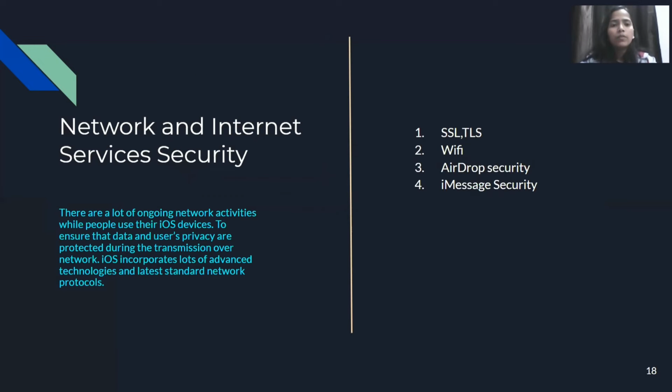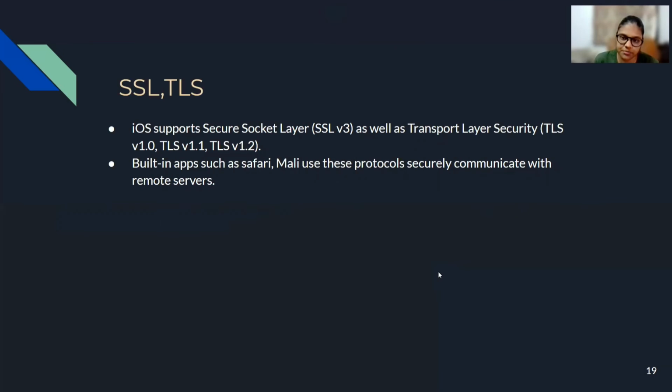Now, Deepsi will be explaining the network and internet service security part. iOS incorporates lots of advanced technologies and the latest standard network protocols in order to ensure data and users' privacy are protected during transmission over the network. So, network and internet security, here we will briefly introduce the four parts: SSL/TLS, Wi-Fi, AirDrop security, and iMessage security.